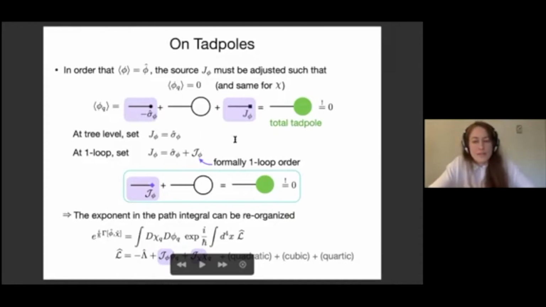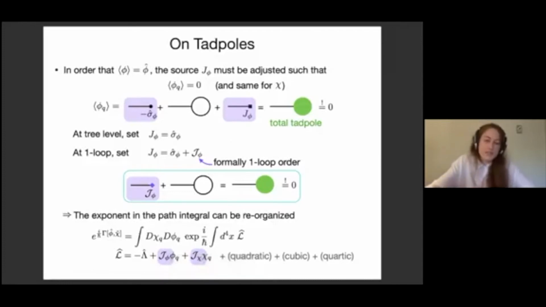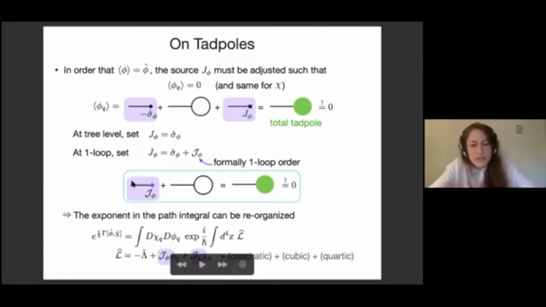And so I can just rewrite these sets of diagrams in terms of a curly j, which is being set equal to minus the one loop part of this tadpole contribution, of this 1 point function. And this needs to be set equal to 0.